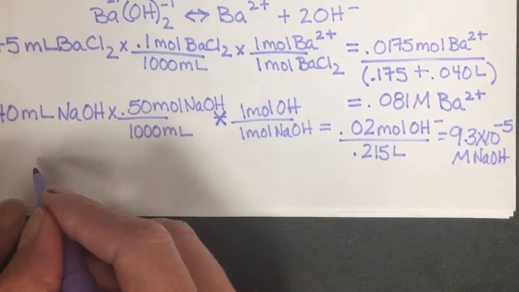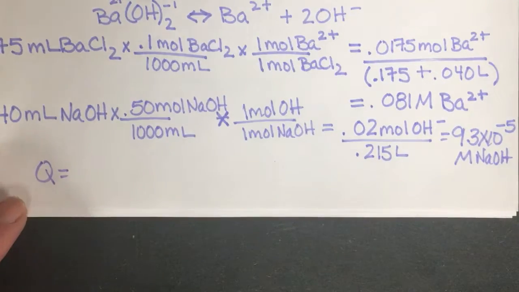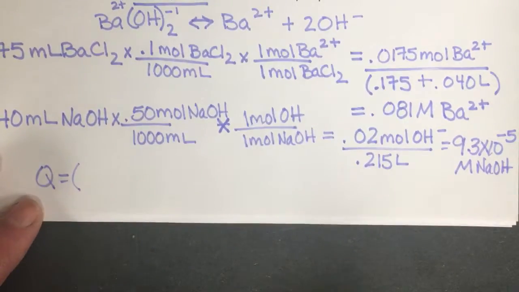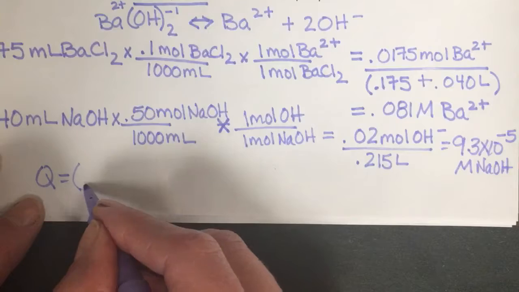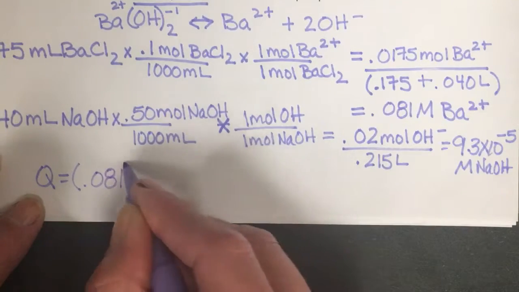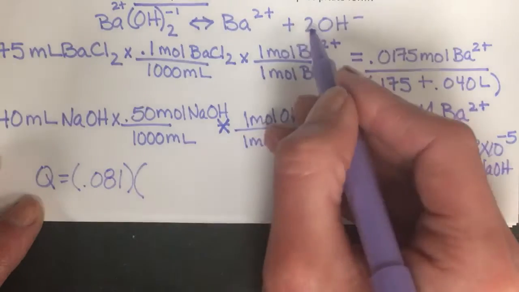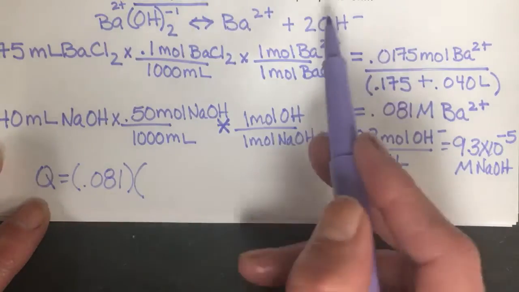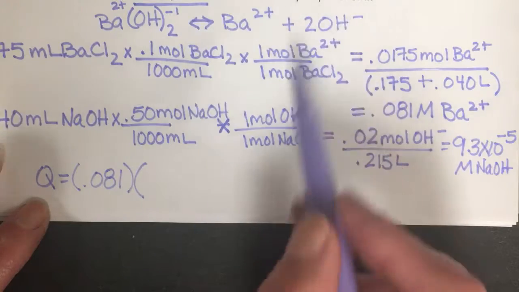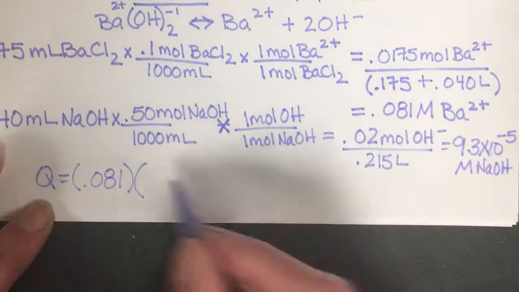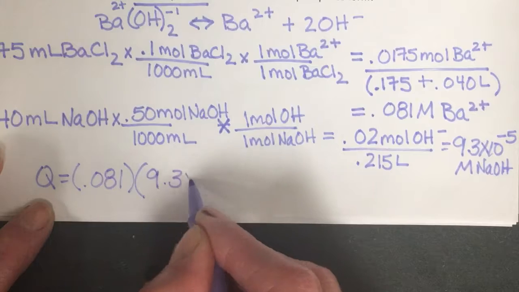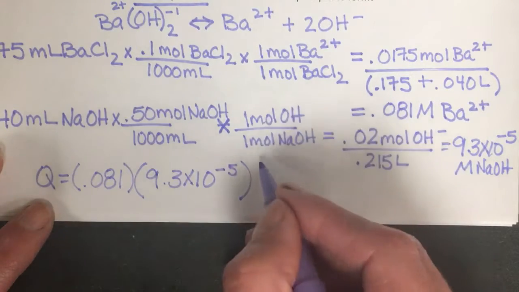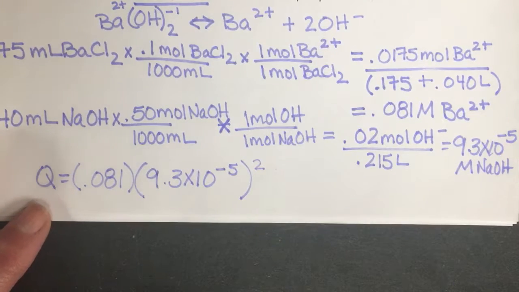So I want to solve for Q. Q looks just like KSP. So the concentration of Ba2 plus, which I said was 0.081, times the concentration of OH minus, 9.3 times 10 to the negative 5th, raised to its exponent.